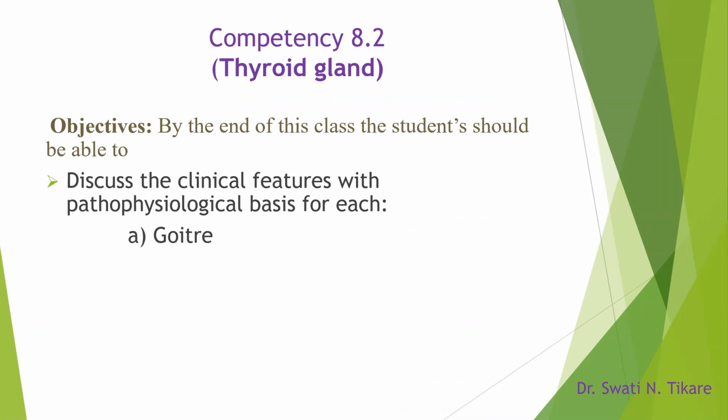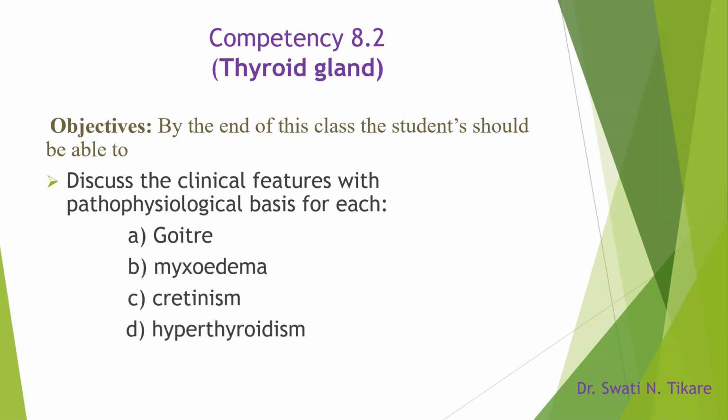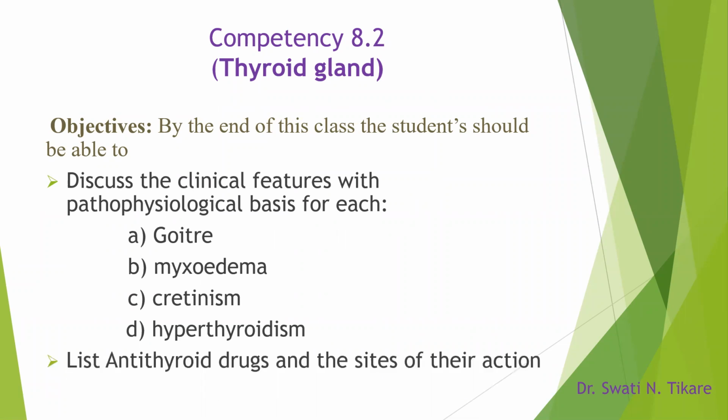That is, first we will learn about goiter, then myxedema, cretinism, and hyperthyroidism. Lastly, we'll also be learning to list the anti-thyroid drugs and the site of their action. So this is our objective for today's session.